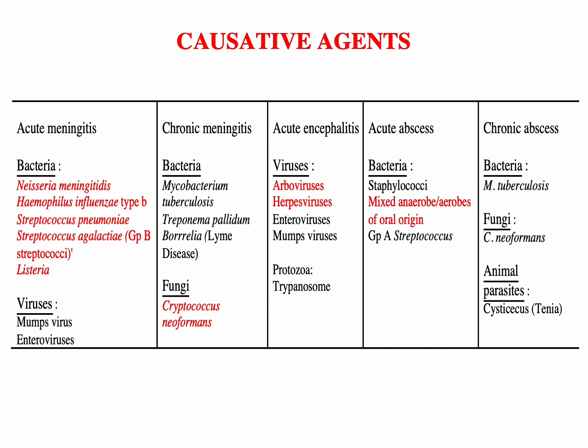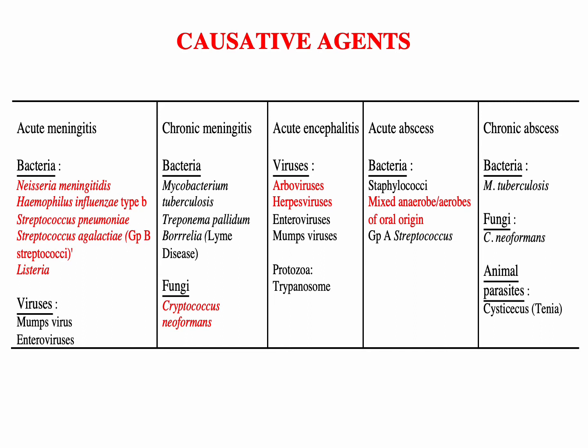Those are the five most common bacteria that cause meningitis. Then, of course, viruses: you have mumps virus and enteroviruses.